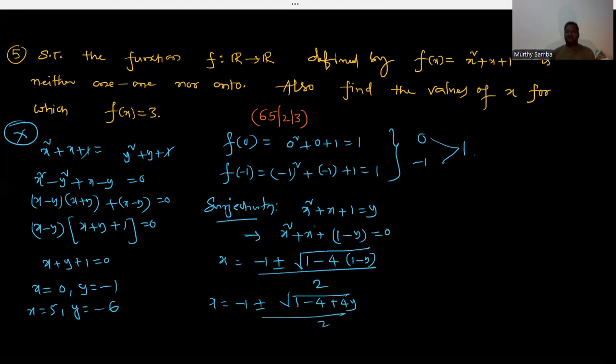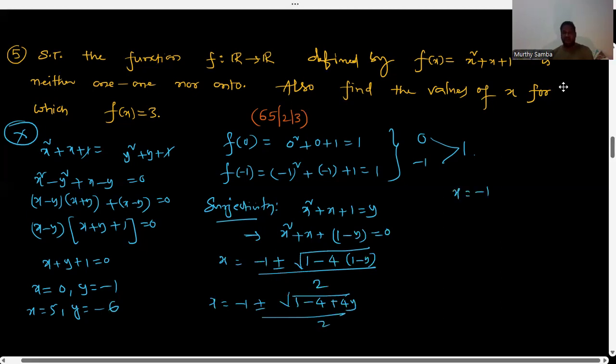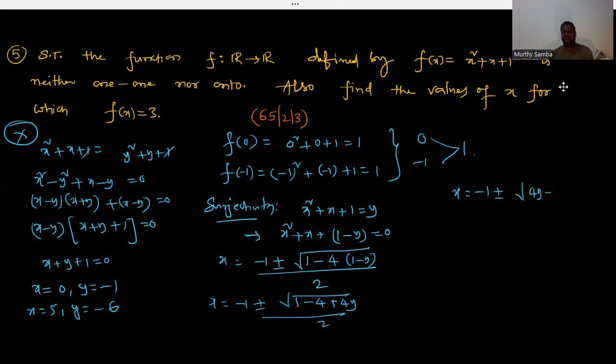So then it is going to be x is equal to minus 1 plus or minus root over 4y minus 3, whole divided by 2. You can understand 4y minus 3 is inside the square root. So 4y minus 3 is greater than or equal to 0, so 4y is greater than or equal to 3, then y is greater than or equal to 3 over 4.